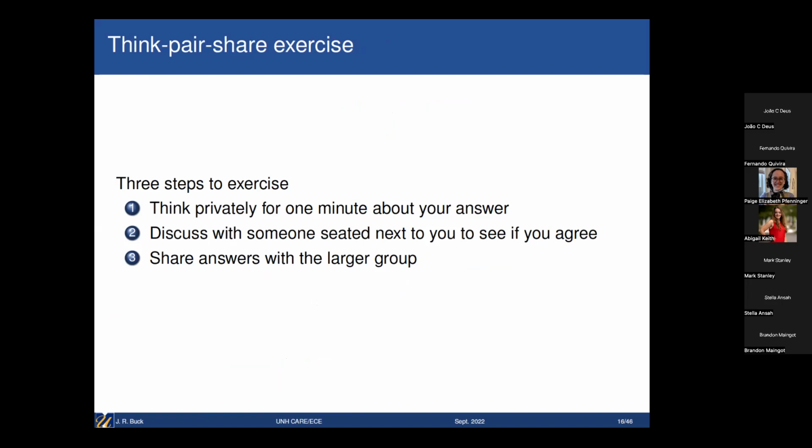You're going to spend 1 minute thinking privately about what your answer is to yourself. And then after a minute, as the pair part, you talk to somebody seated near you, see if you agree. If you don't, try to convince the other person of the error of their ways or figure out what you did wrong. Again, it's just an exercise, no fisticuffs, no wagering. It's just for educational purposes. And then we'll talk about it as a group.